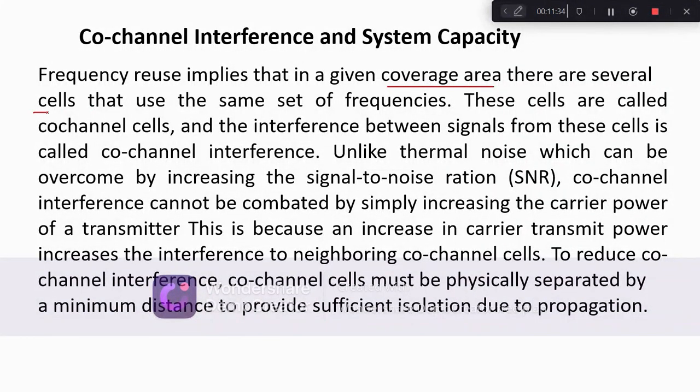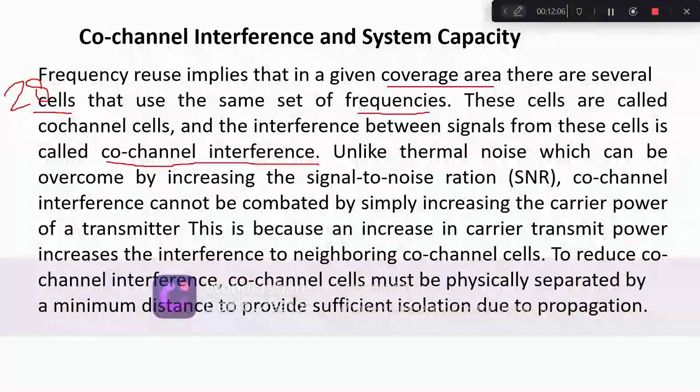So if you have 4 clusters, there are now 28 cells in our assumed case that use the same set of frequency, and repetition is 4 times. These cells are called co-channel cells, and the interference between the signals from these cells is called co-channel interference.